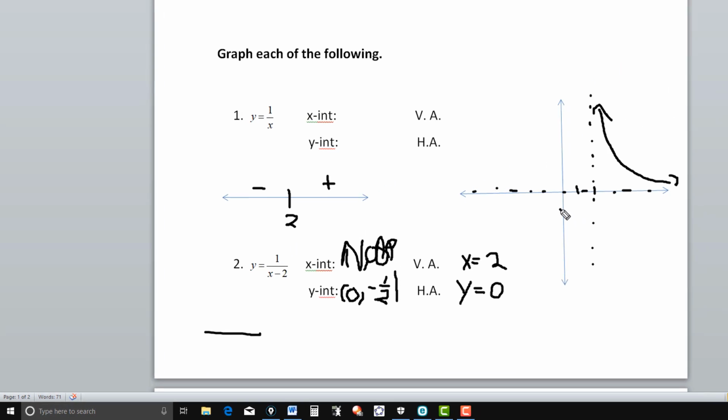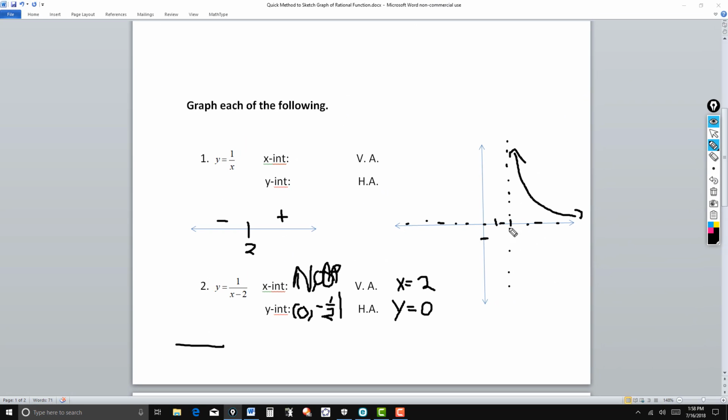To the left of 2, I have negative, so the graph should be below, and I know it passes through the point (0, negative 1/2), so I plot that point right there, and then again, draw it so it approaches the asymptotes. Okay, so it's going to go something like that, just a rough sketch here. That's what your graph looks like.